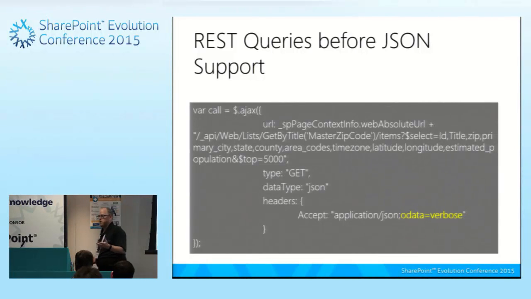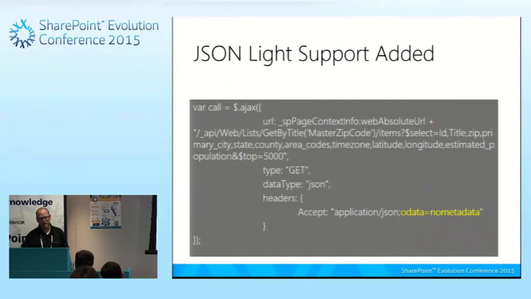It's just part of the query that had to be there, and then it would return your data, and it would have a lot of metadata in it, and not just the data you needed.